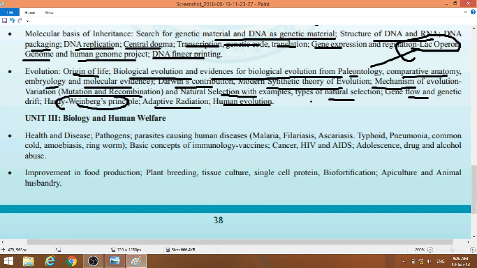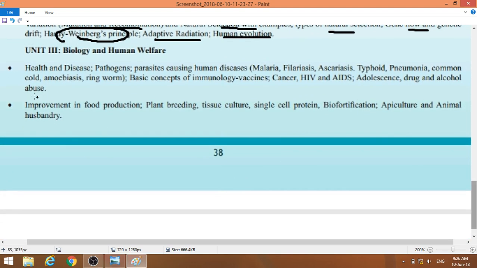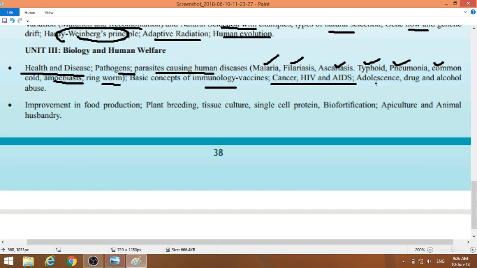That was divergent evolution. Then you have to study biology and human welfare, health and disease, pathogens, parasites causing human disease like malaria, filaria, Ascaris, typhoid, pneumonia, common cold, amoebiasis, ringworm, basic concept of immunology, cancer, HIV, AIDS, adolescent drug and alcohol abuse.